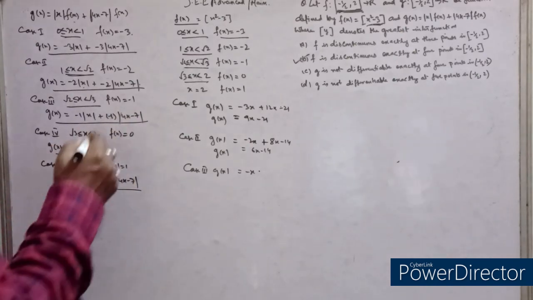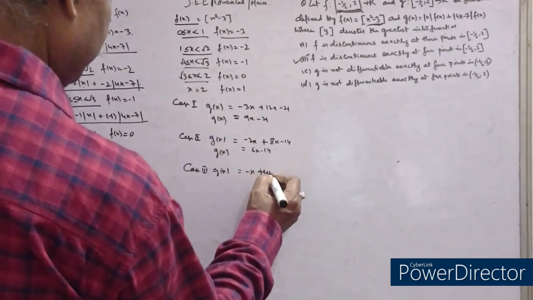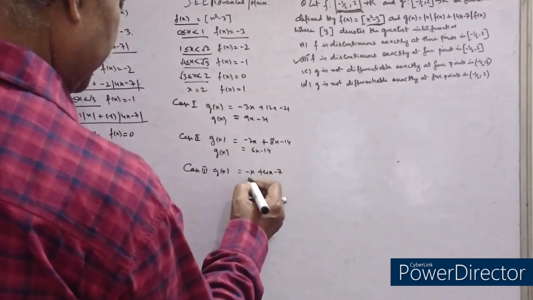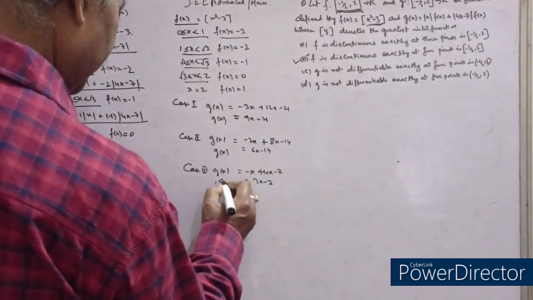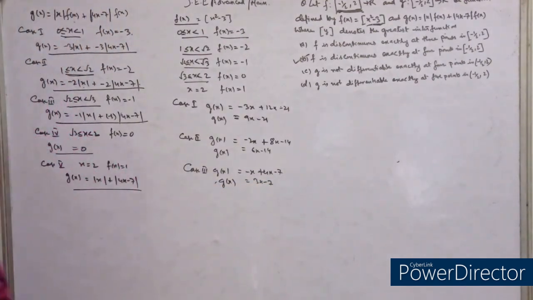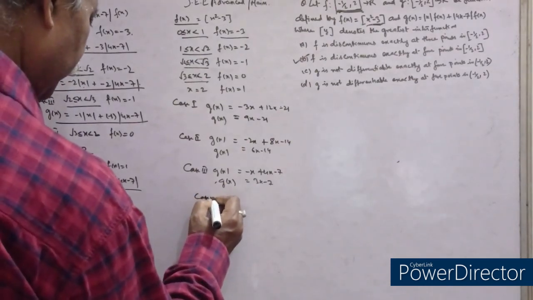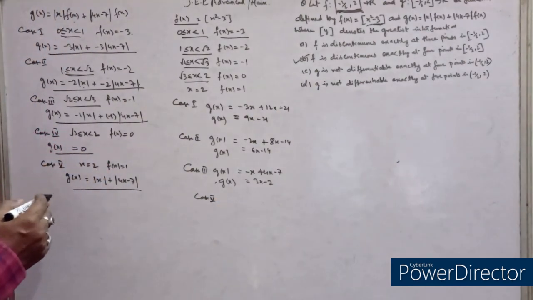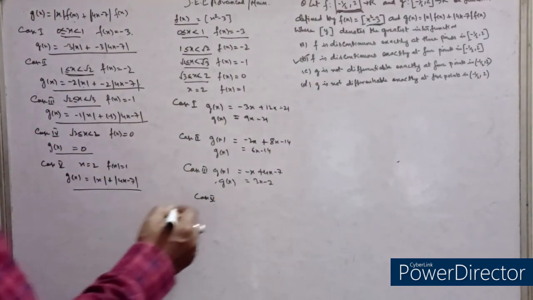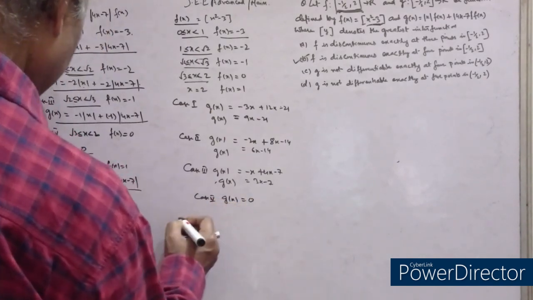So I am considering the negative part, so minus into minus plus, so this will be plus 4x minus 7. So here this will be 3x minus 7, and your g(x) will be 3x minus 7. And in case of case 4, here you see that g(x) is 0, so here g(x) is equal to 0.